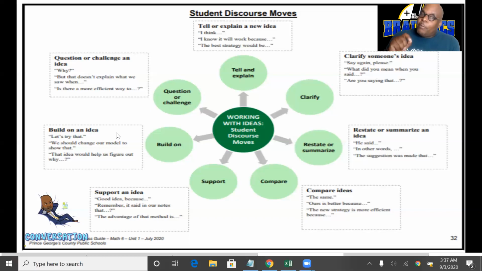So again, part of the key to discourse is that we're challenging, supporting, clarifying, explaining, comparing, building on, or summarizing ideas. This is not personal.